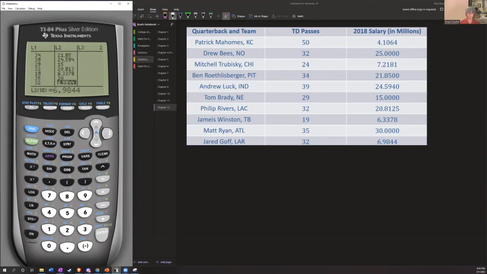Okay, just like to double check. All right, so I find my R value here.